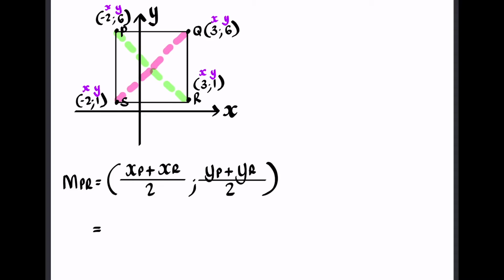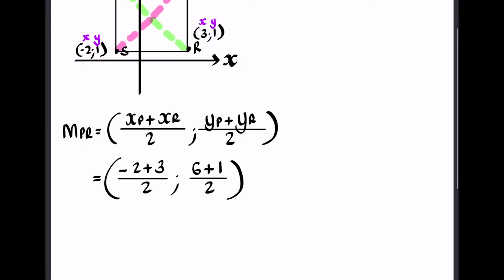So that's going to equal the x of P, which is negative 2, plus the x of R, which is 3, over 2 because we're dividing it by 2. And the y of P, which is 6, plus the y of R, which is 1, and we're going to divide that by 2 as well.